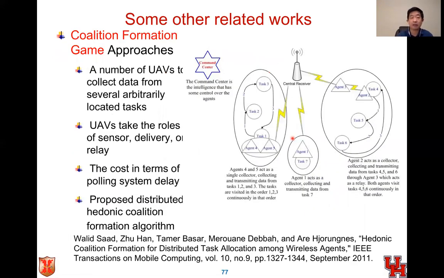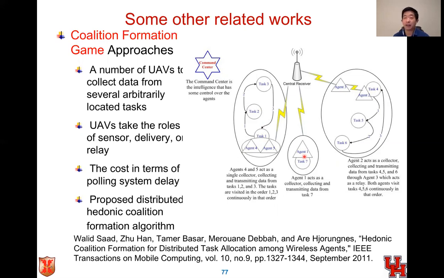And another paper is with Valisat. It's basically we have some UAVs. The UAV can either do the relay or do the sensing. And how can you group the UAVs together to implement a certain task? For example, in some courses, you will have a group project, and up to 3 people, 1 to 3 people, can work together.